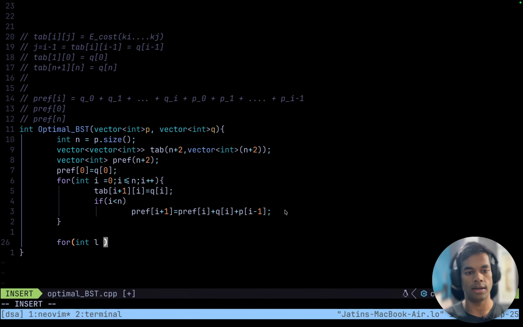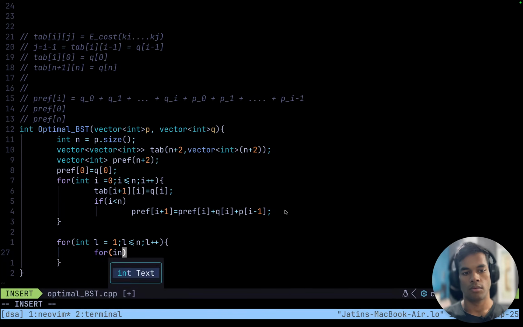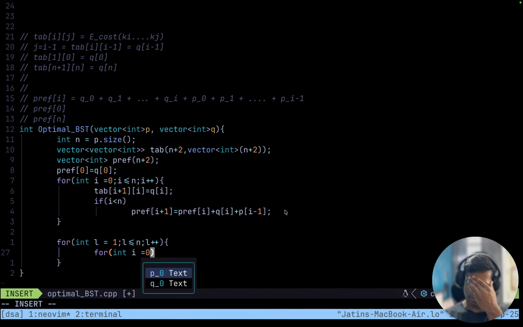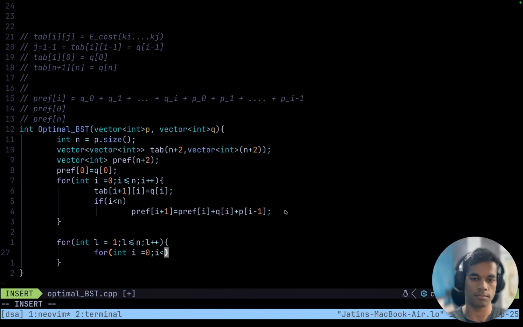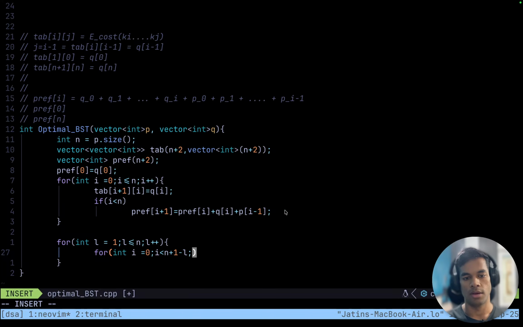So for int L equals 1, L lower than equal to n, L plus plus. L is the length of the nodes that we are considering. For int I equals 0 till I less than n plus 1 minus L and I plus plus.